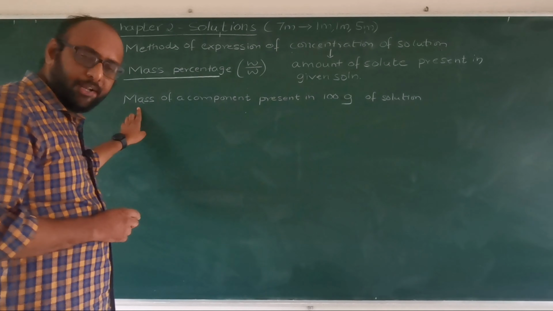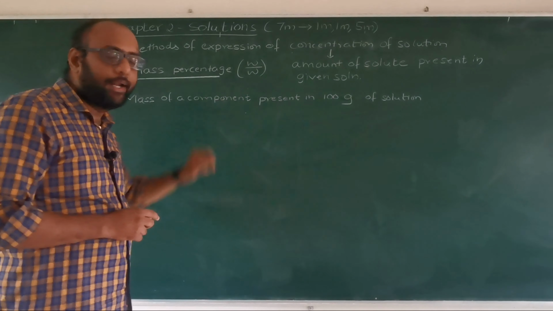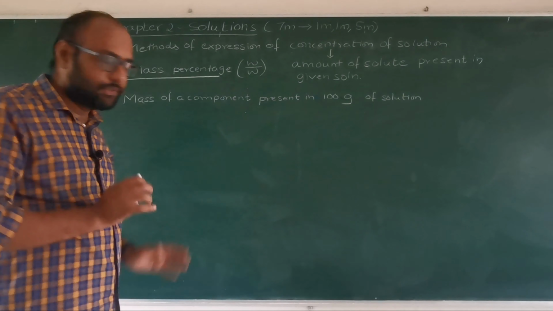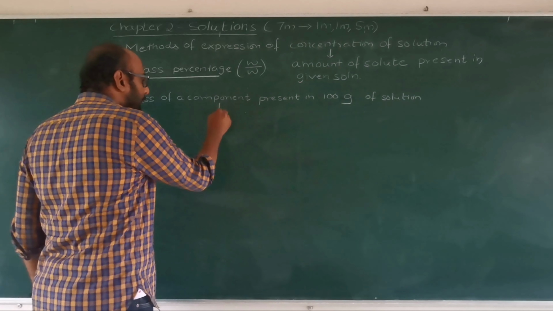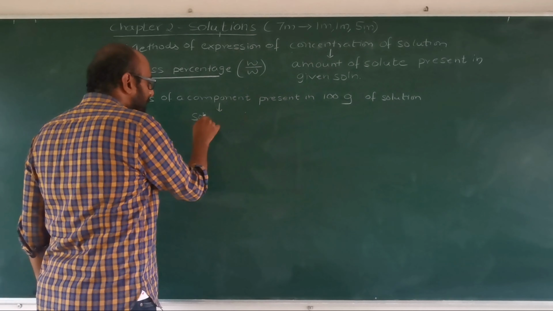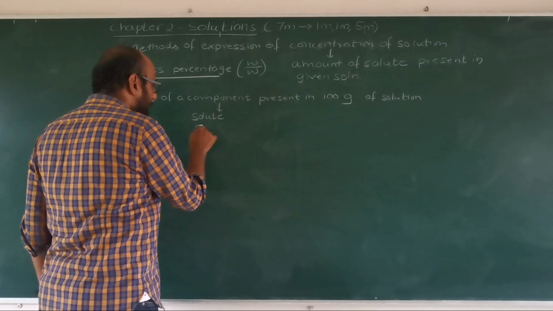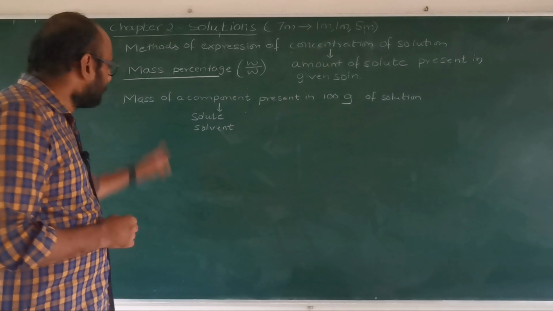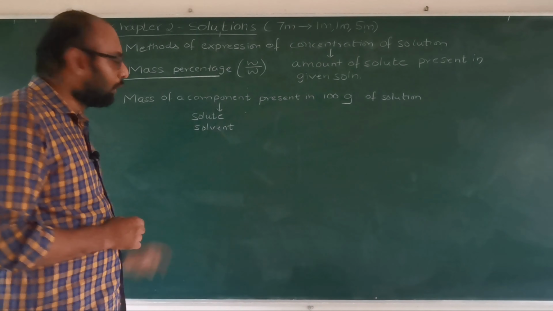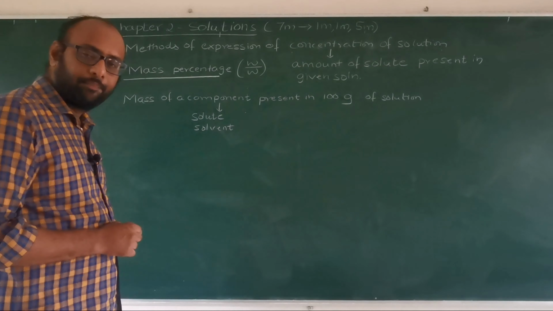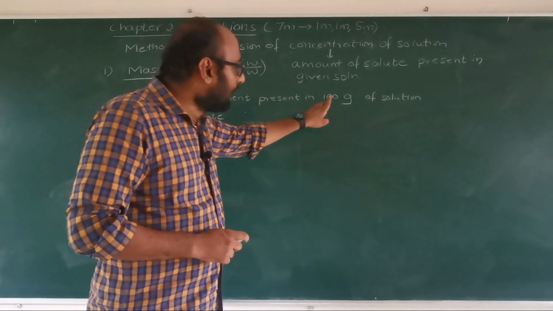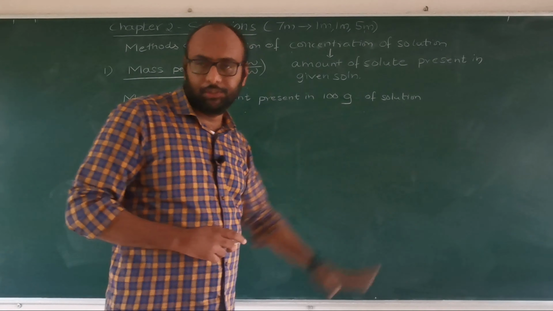Mass percentage means mass of a component in grams. A component can be a solute or a solvent. So, mass of solute or mass of solvent in grams which is present in 100 grams of a solution.